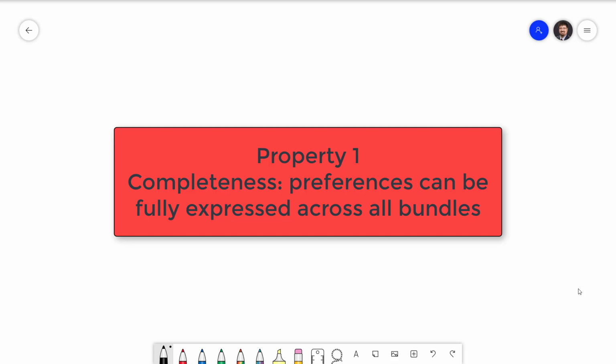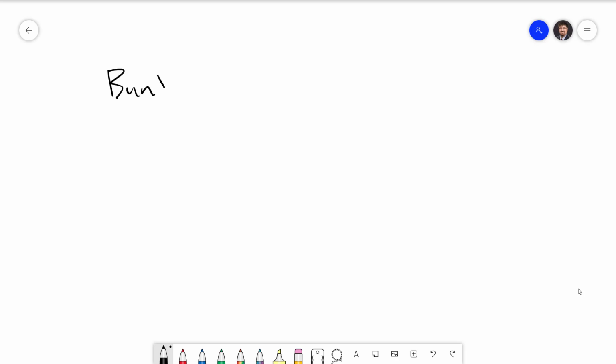Completeness states that a consumer is able to fully express their preferences over bundles. Suppose we have 2 different bundles, Bundle A and Bundle B. Bundle A and B each have some amount of X and Y in them.